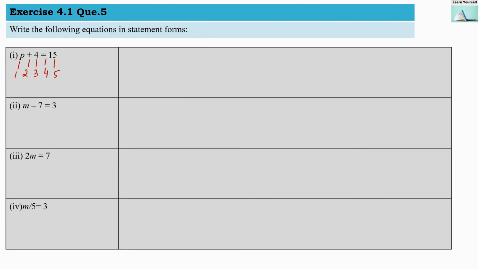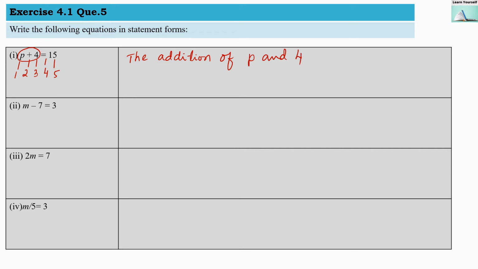So this is the addition of p plus 4. Let us first write the addition of. Now we are going to write the numbers. Which two numbers have we added here? P and 4. So the addition of p and 4.